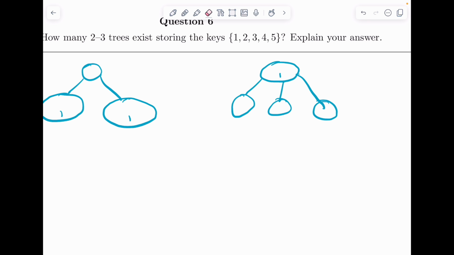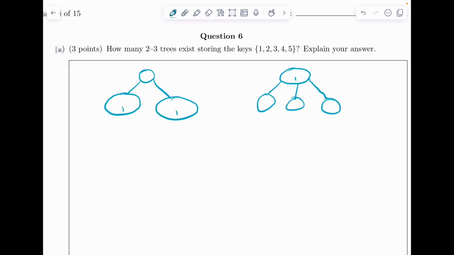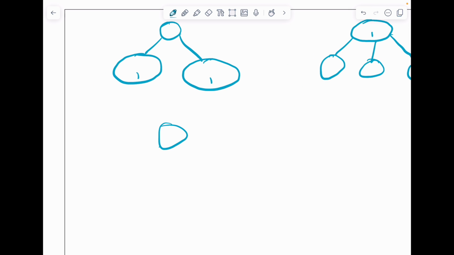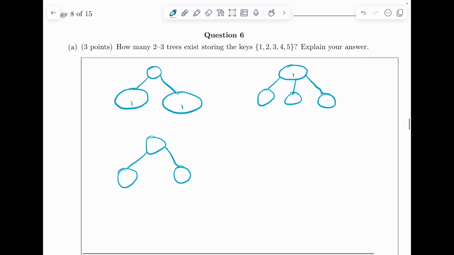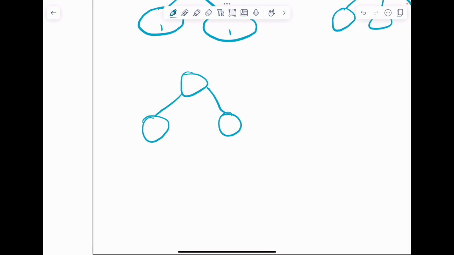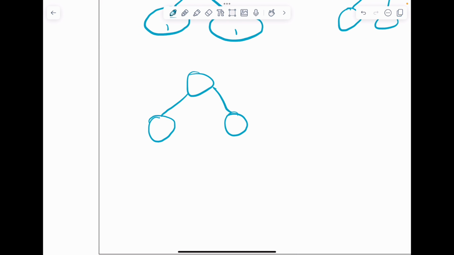We only really have these 2 different structures to look at, and if you try to construct anything else, it's going to violate one property of 2-3 trees. For example, if you start with 1 value and then 2 children each with 1 value, we still have 2 more keys to fit in. This one only has 3, but we still need 2 more, and there's no way to add more values onto it that will keep the tree balanced.